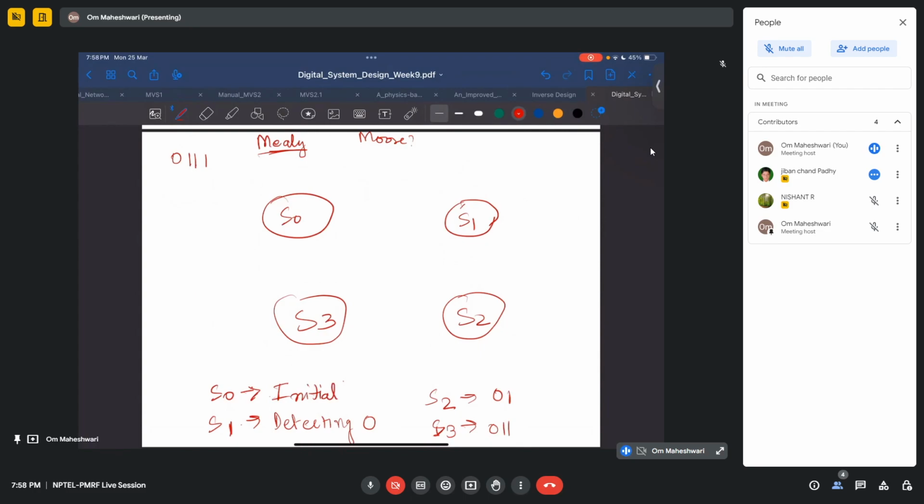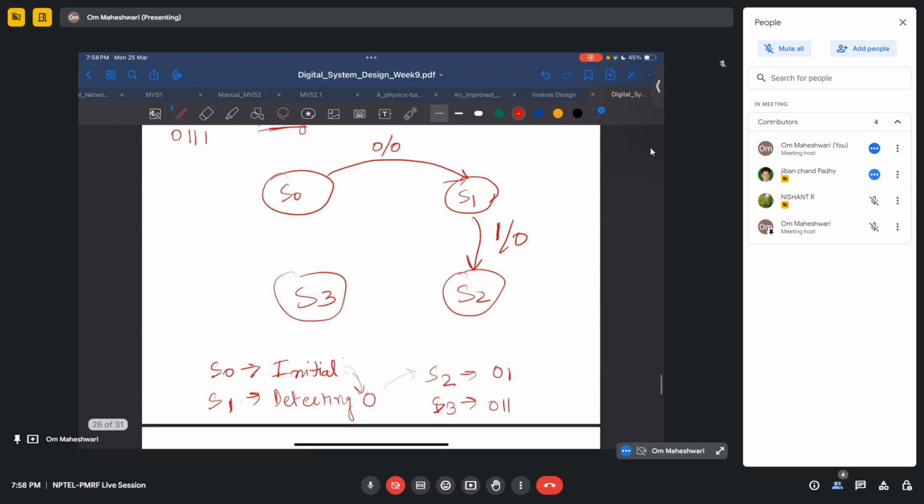ओके, so let's say 0 आएगा input, output is 0, you go to S1, S1 में then 1 आएगा अगर next, तो you go to S2, 1 0. Then नहीं, so we will have to change the state, so it will not work like this.